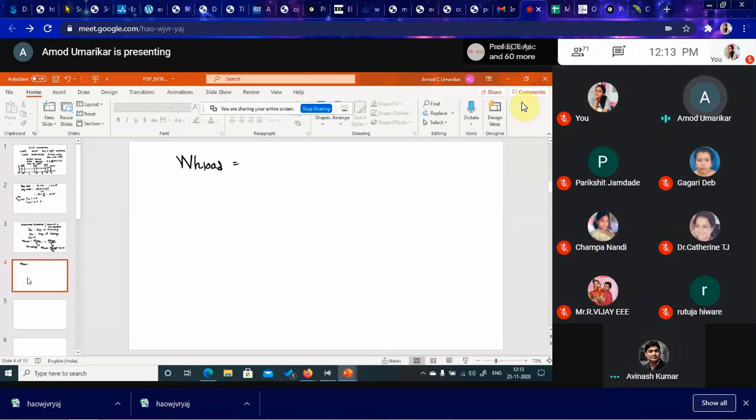If DA is not 0, then the WH load will be: it has to supply the night load, and plus it has to supply both the day load as well as the night load, correct?